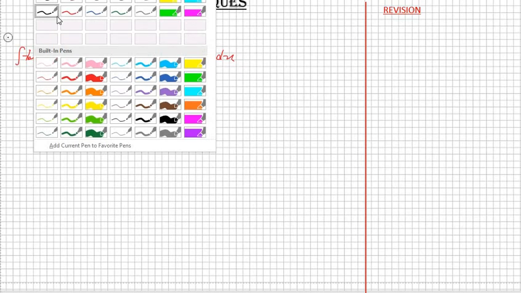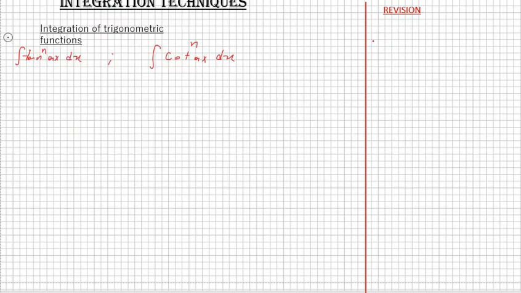For these two functions you need to remember these two identities. For tan, tan square ax is equal to sec square ax minus 1, and for cotan square ax, we have cosec square ax minus 1.